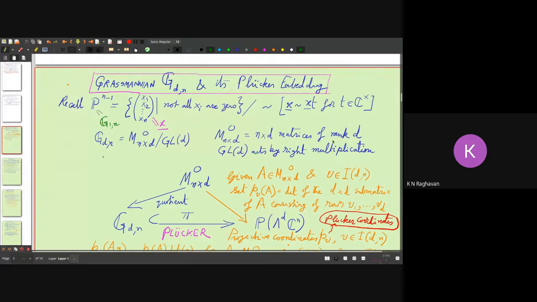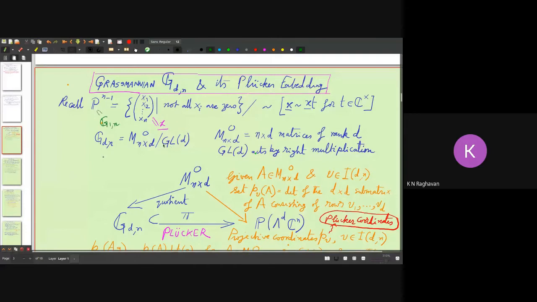In other words, they have rank D. And GL_D acts on the right on this M_{n×D}^0, in the natural way, that is just doing column operations. And how do I think of the Grassmannian? So as you can see, just like in the projective case, if I multiply by a scalar, the line doesn't change.